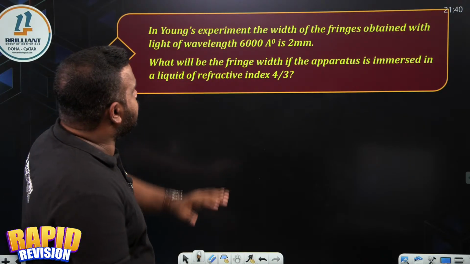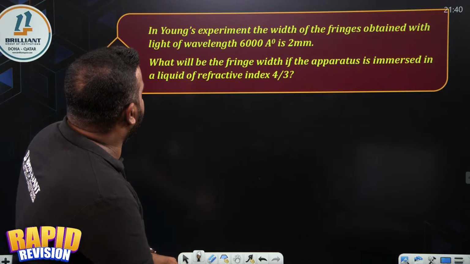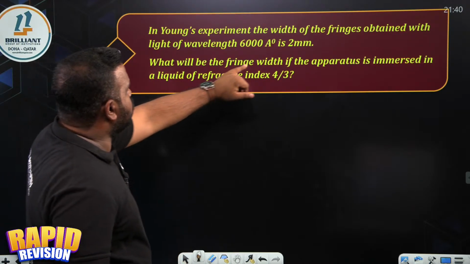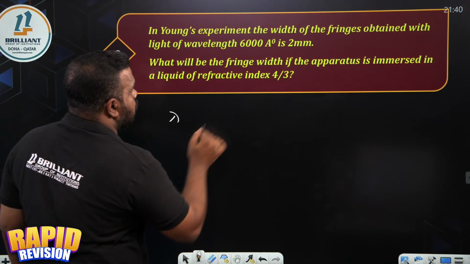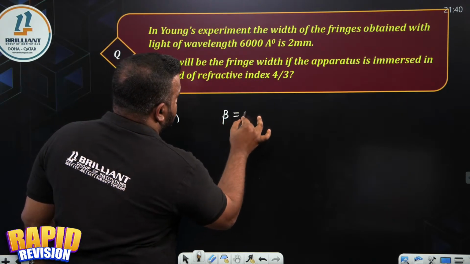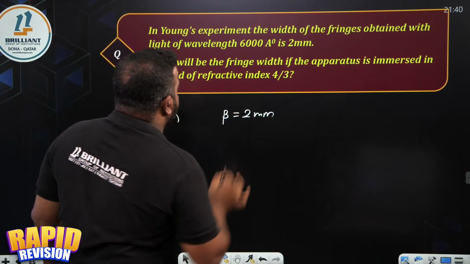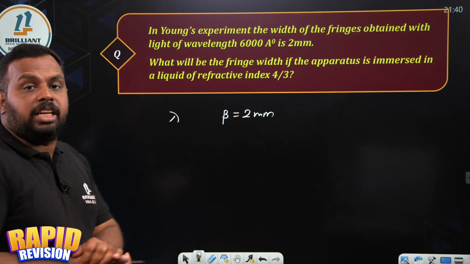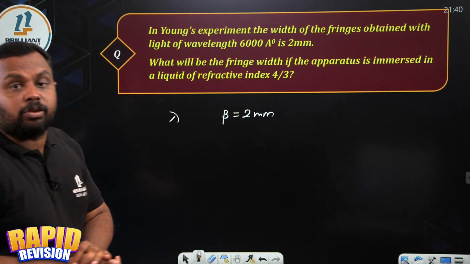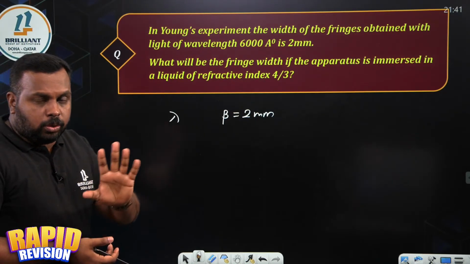Next, in Young's double slit experiment, the width of the fringes obtained with light of wavelength 6000 Angstrom is 2 mm. So when wavelength lambda is used, beta is 2 mm. What will be the fringe width if the apparatus is immersed in a liquid of refractive index 4/3? Don't be confused.